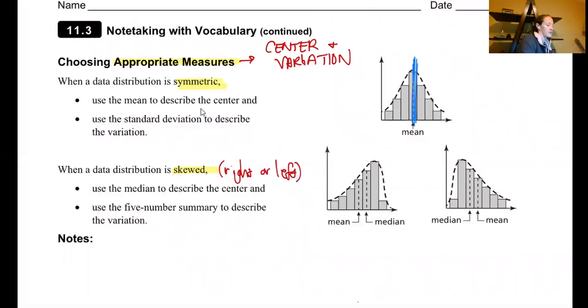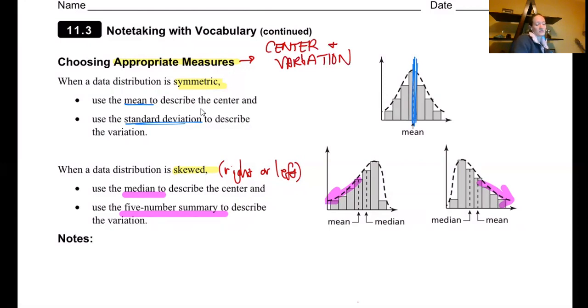If it's symmetric, sweet, let's use the mean, let's use the standard deviation, we're done. Or instead, is it going to be that skewed type? Skewed to the left, kicking left, skewed to the right, kicking right. If it's skewed, then we're going to be using the median and the 5-number summary to be our center and our variation. Okay, really guys, those are the big ideas of section 11.2a.